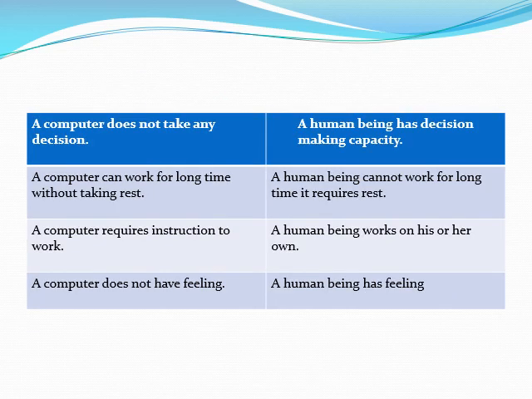On the basis of decision-making capacity, computer does not have its own brain. Though we have learned CPU is the brain of the computer, it is an artificial brain. Whereas we human beings have a brain. That is why we have decision-making capacity.